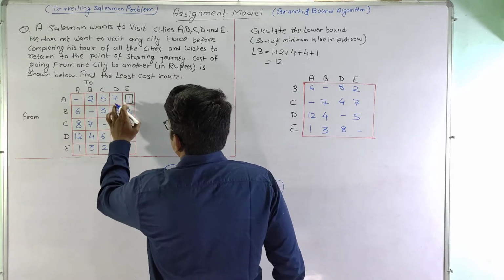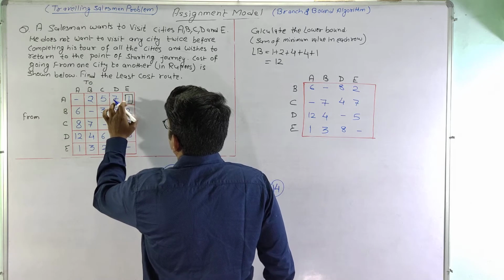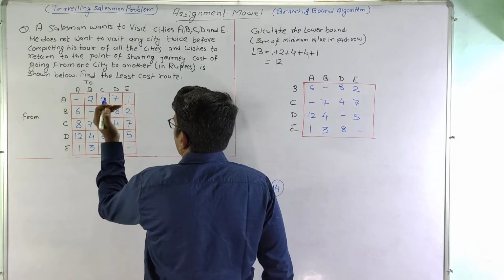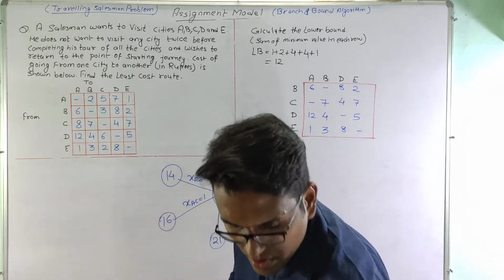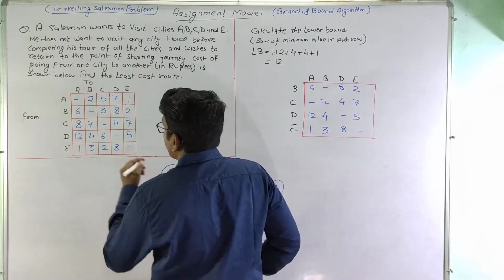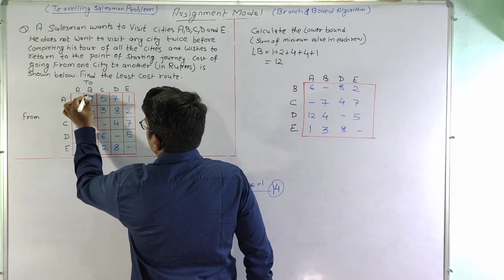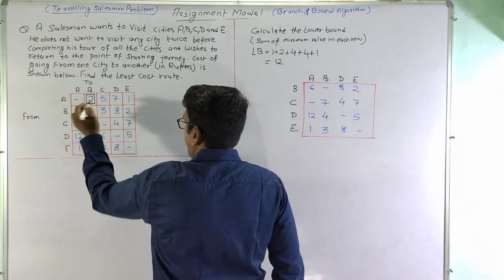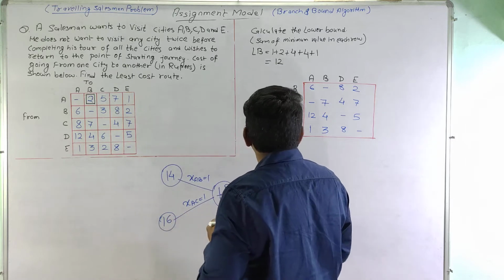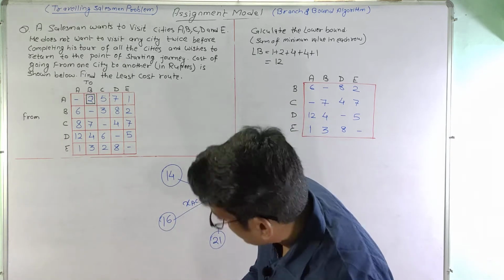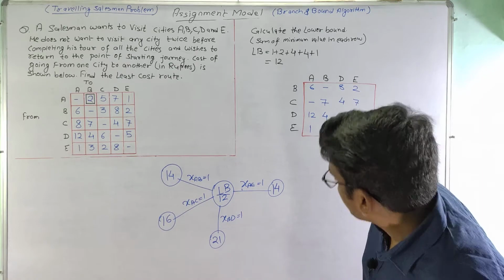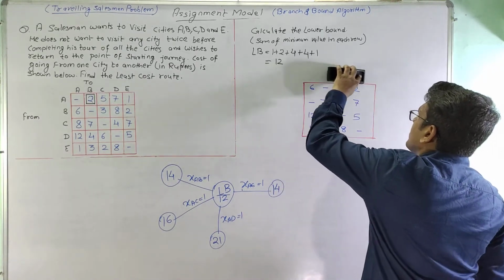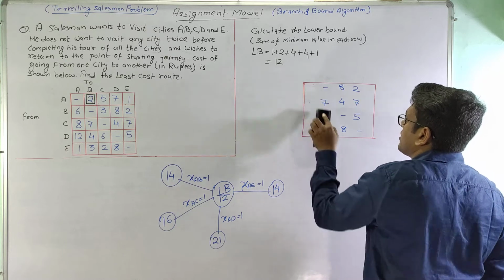So once the cell AB equal to 1 has been assigned, and among the remaining 4 values, let me show the diagram or the matrix again, so it will be more clear.